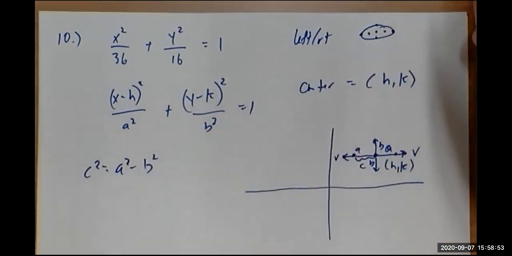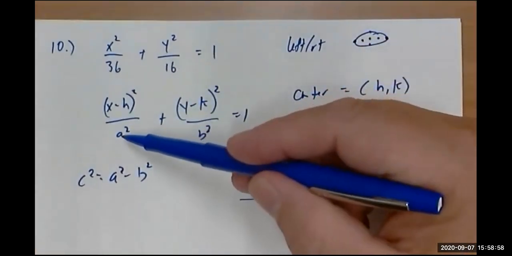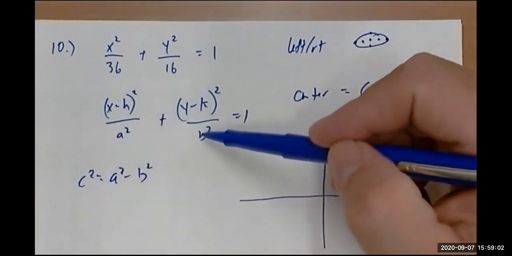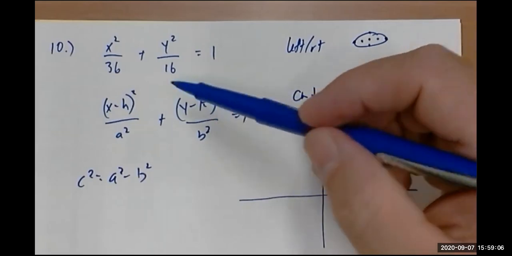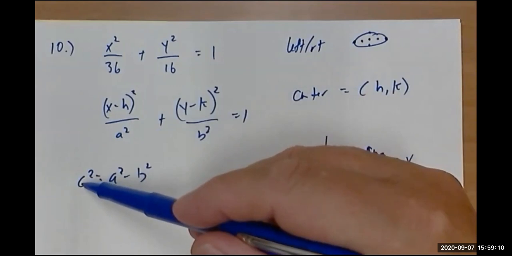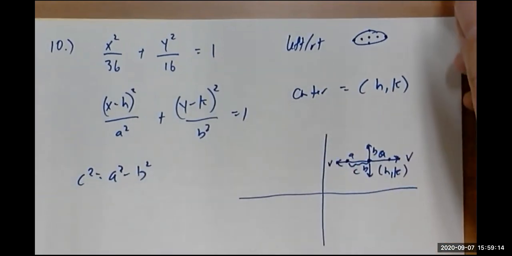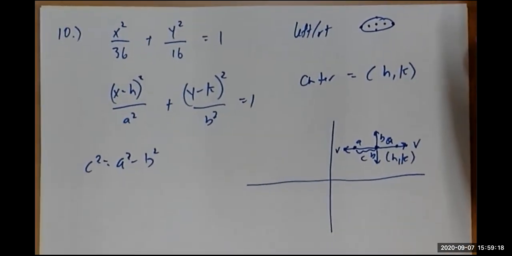So for an ellipse, the things we're working with are a and b. A is the distance from the center to the vertices. B is the distance from the center in the other direction. (h, k) is the center of the ellipse. C is the distance from the center to the foci. It may seem like a lot of stuff, but as we begin to work through these, you'll see it's pretty straightforward.